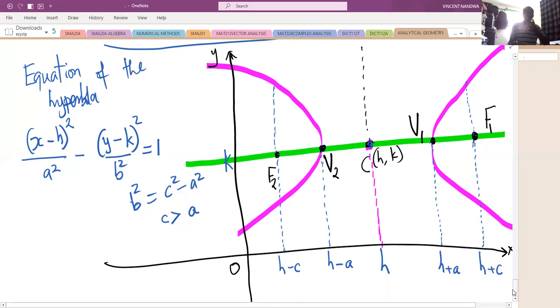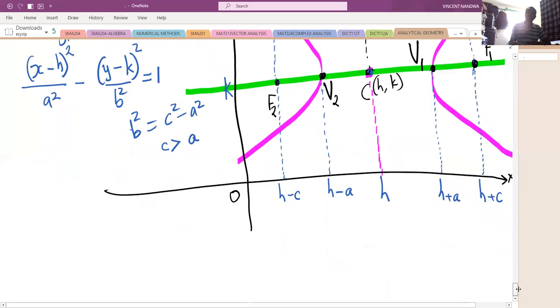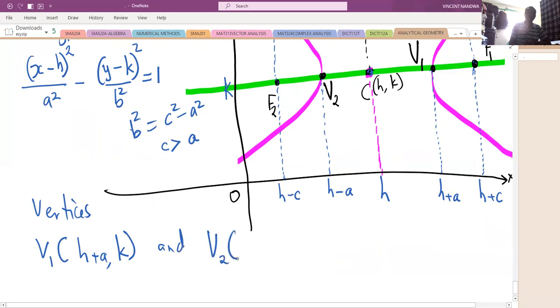So that gives the coordinates of the vertices and the foci. V1 is simply given by (h plus a, k), and V2 is given by (h minus a, k).